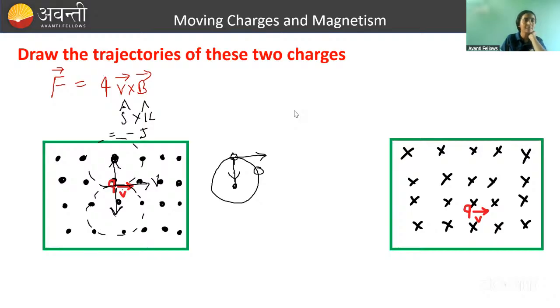But here, since centripetal force, that is q v cross b, is acting downward, it means center is somewhere down. And so take a center just down the velocity point. So यहाँ पे बॉडी है, यहाँ पे इसकी वेलोसिटी भी है, फोर्स ऐसे लग रहा है, कहीं पे भी डाउन पे सेंटर ले लो और फिर आप सर्कल बना दो. ठीक है. Am I able to make you understand Kiran?